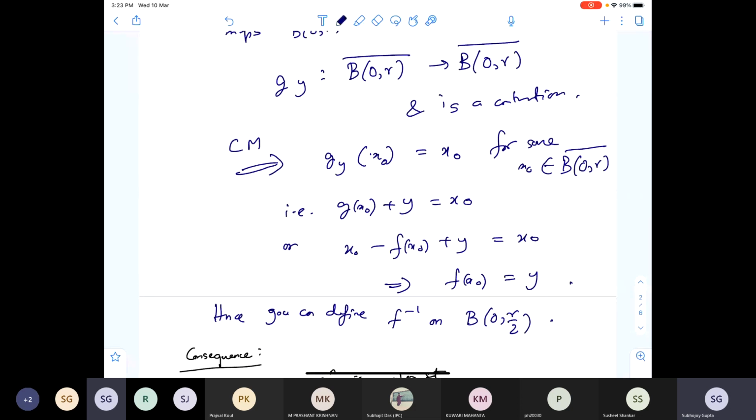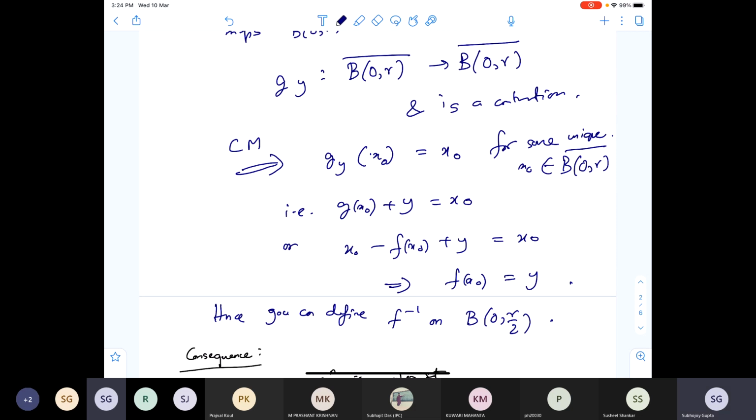So I'll just say that for some unique choice of x naught, the contraction mapping theorem tells you there's a unique point x naught which is a fixed point. So the map y going to x naught is our inverse map for f.